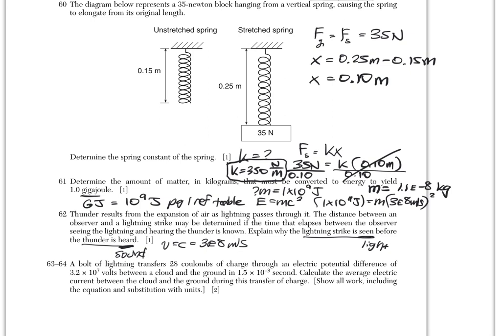Speed of sound at STP, even at like 70 degrees or something, V of sound at STP is 331 meters per second. The speed of light is literally 1,000,000 times faster than the speed of sound. So that is why lightning is seen before thunder is heard, because light is ridiculously faster than sound is. So V of light is way bigger than the speed of sound in any medium.